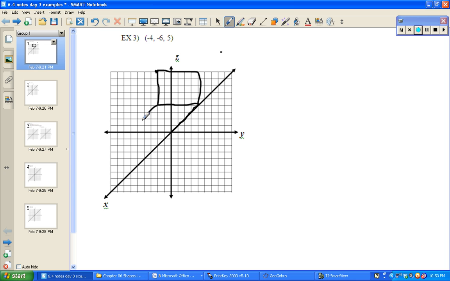So 1, 2, 3, 4 this way. 1, 2, 3, 4 that way. And 1, 2, 3, 4 that way. Okay, and then we connect these corners. And we can shade in the top here.